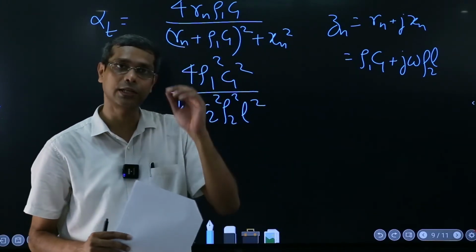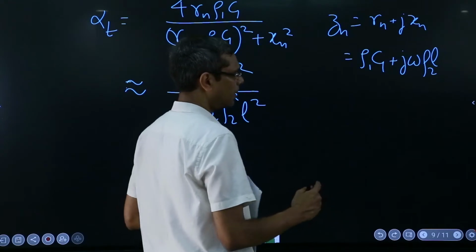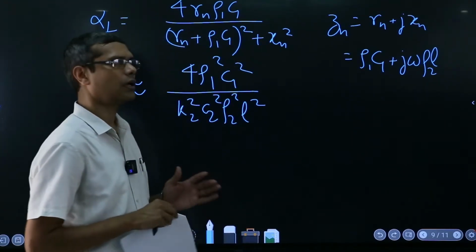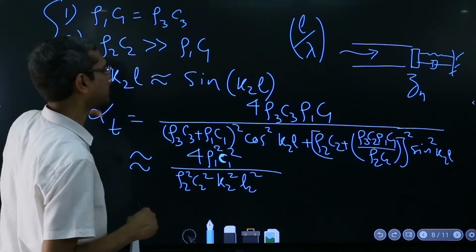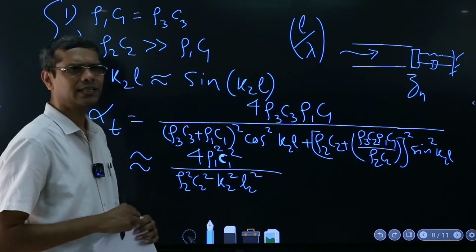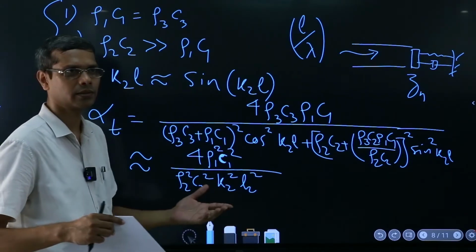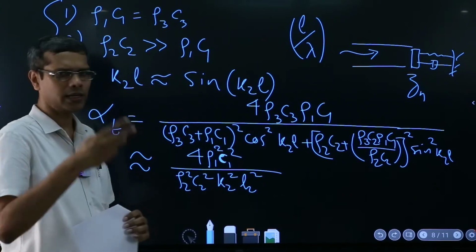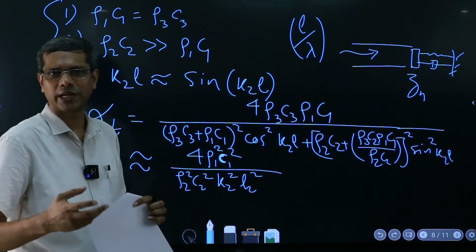Now, what does it tell you? It tells you that if these three conditions are satisfied, that means there is a very light fluid which you are talking about, like air. Suppose this is like air, and you have put a thin sheet of material.